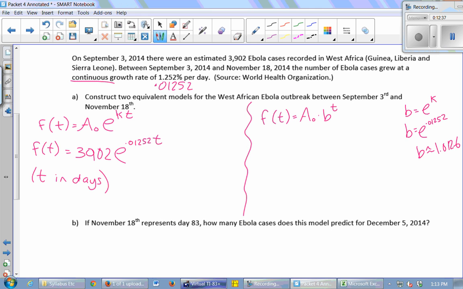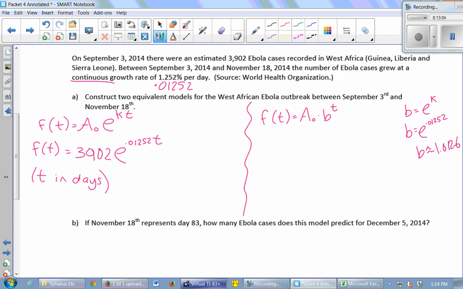Does that number for b make sense? I did e to the 0.01252. e is the number 2.718, and so on. So look at the continuous growth formula, k was positive, right? Which indicates growth.